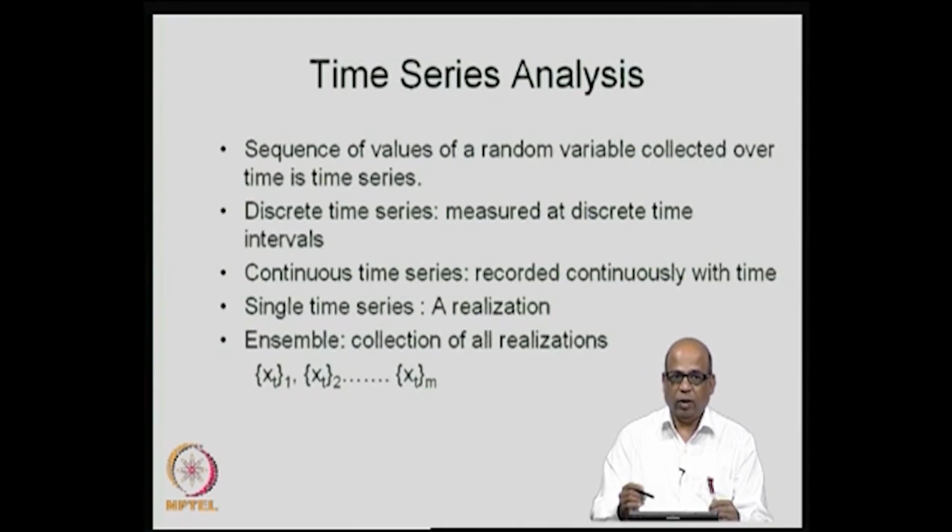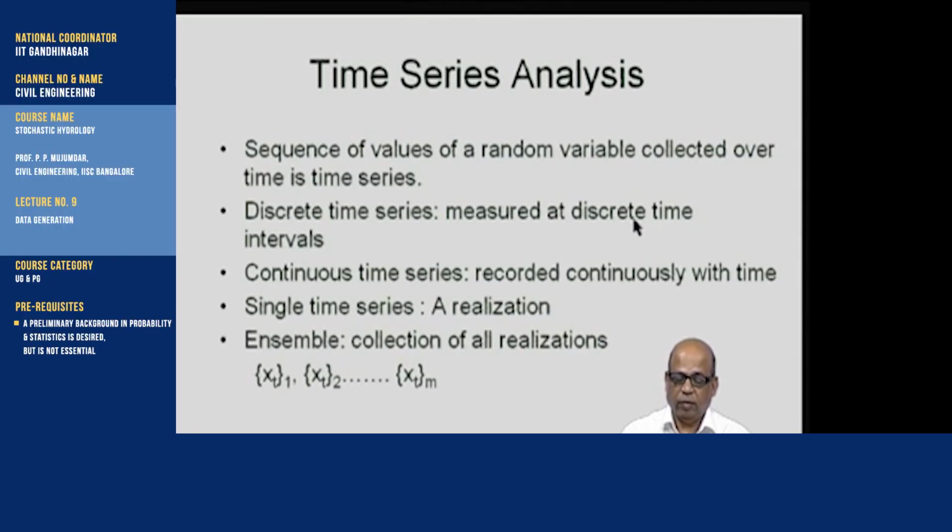You may also have continuous time series, where the recording is available on a continuous scale. For example, if you are doing an experiment and measuring continuously, let us say pressure measurements or some such thing, such time series constitute continuous time series.